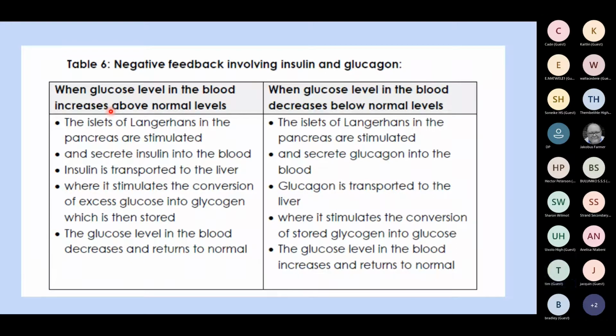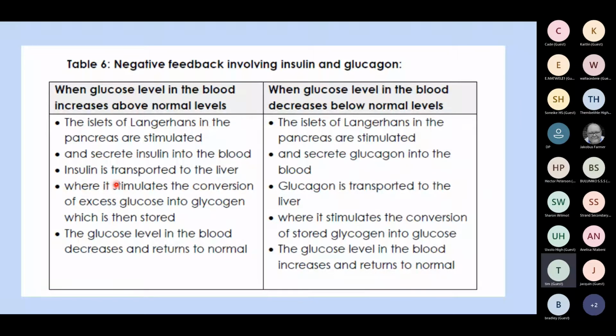The pancreas. Which gland? The pancreas is stimulated. Which hormone? It secretes insulin. Now I want you to make an arrow there, grade 12s. Insulin is released when glucose has increased in the blood.